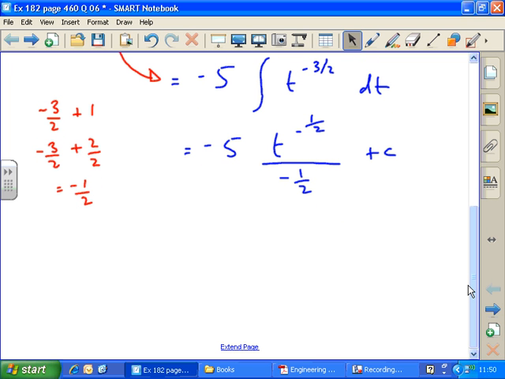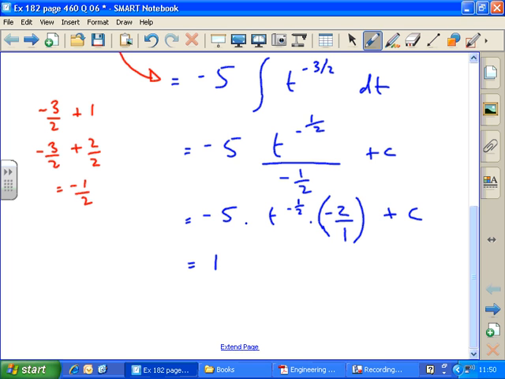So now we invert the bottom fraction and multiply. So this becomes minus 5 times t to the minus a half times minus 2 over 1. So we just have to be a little bit careful of the signs here. Minus times a minus gives a plus 10.